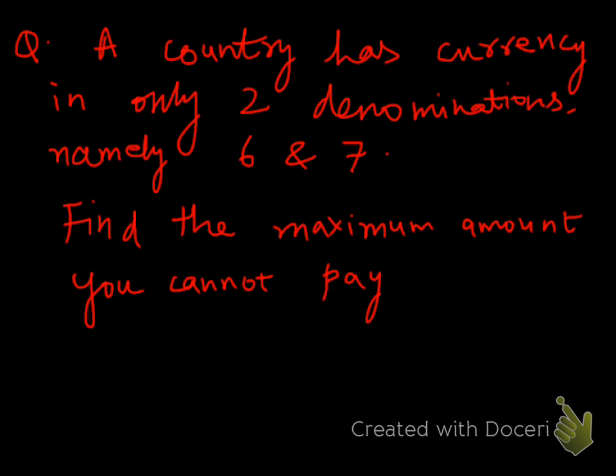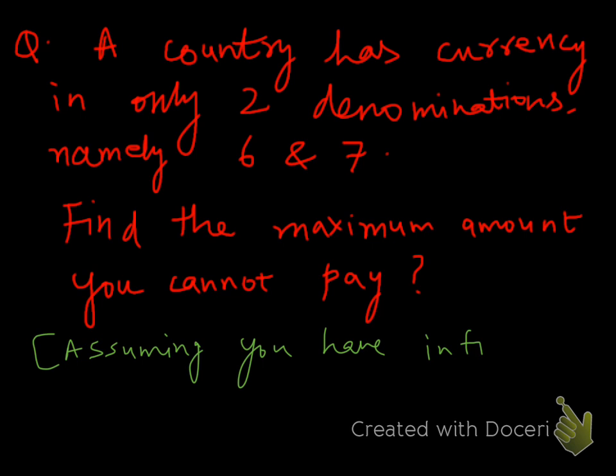What is the maximum value you cannot pay using these denominations 6 and 7? It's kind of a tricky one, and we have a very basic assumption. We are assuming here that you have an infinite supply of both the currency notes, 6 and 7. You have currency in plenty, both 6 and 7.